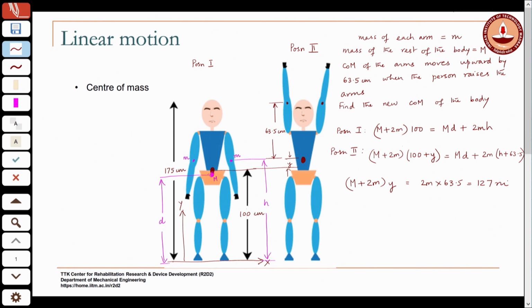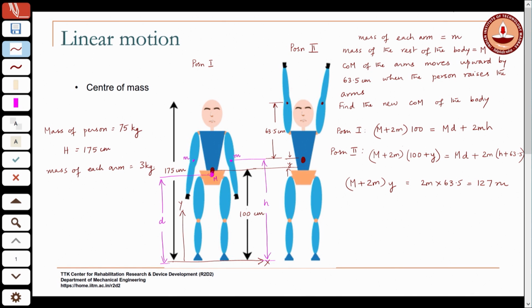Now, suppose we are given the mass of the person equals 75 kgs and the height of the person we are given as 175 centimeters, although that is not something we have used here, and then the mass of each arm, let us say, is 3 kgs.